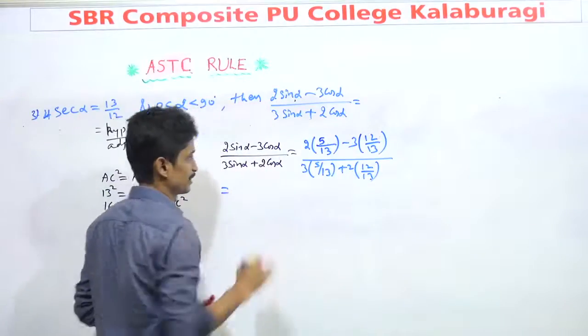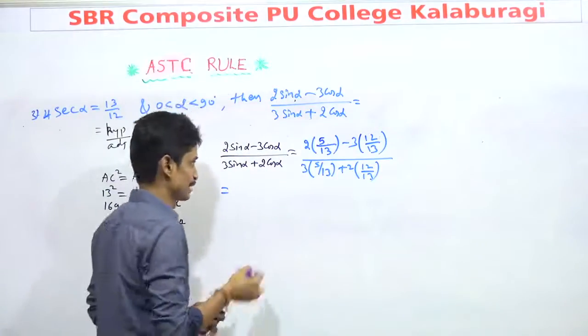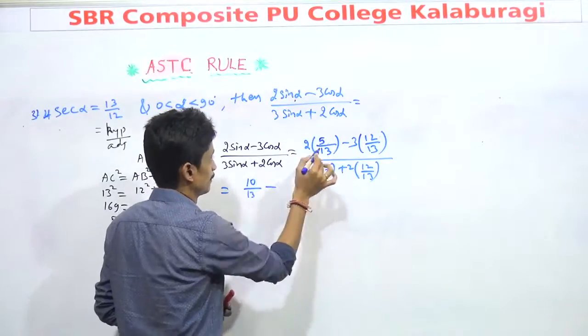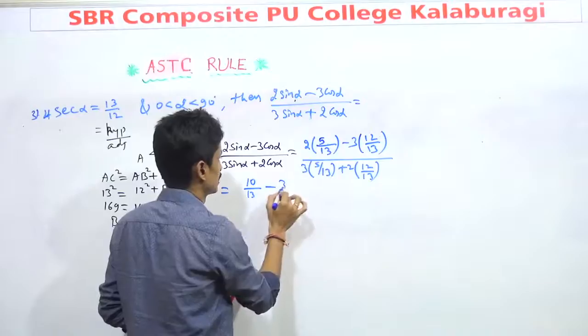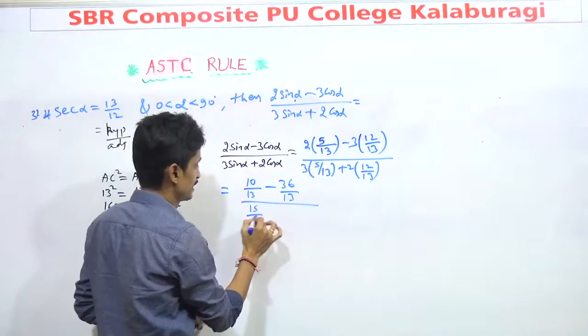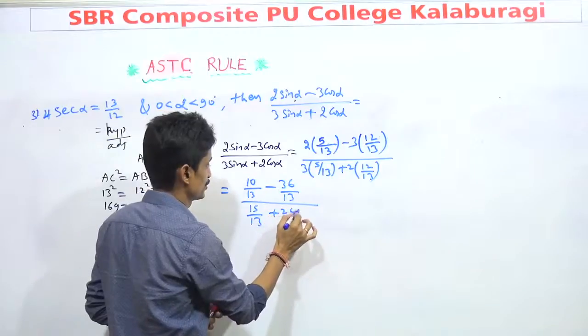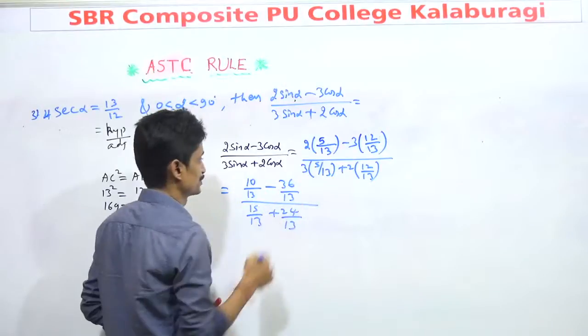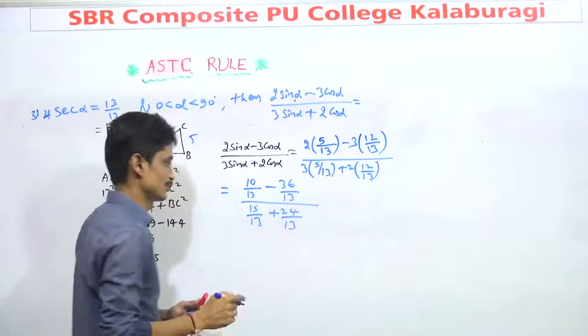Same denominators we have in numerator as well as denominator. 2 fives are 10, 10 by 13 minus 12 threes are 36 by 13, divided by 15 by 13 plus 24 by 13. Cross verify: 10, 36, 15, 24.